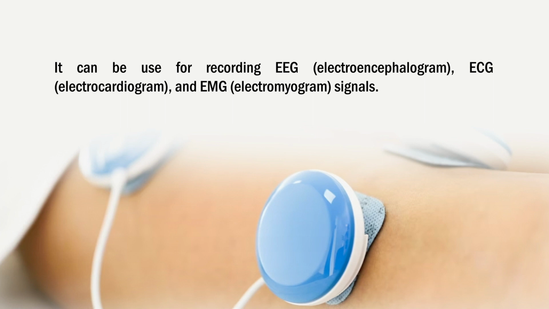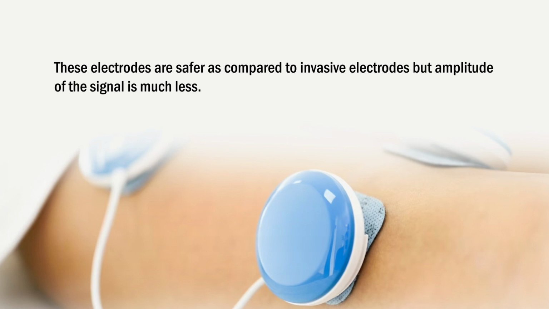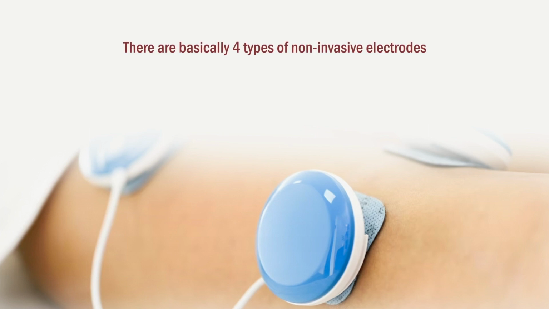The signals recorded are EEG signal, ECG signal, that is electrocardiogram signal, and EMG signals. These electrodes are safer, but suffer the disadvantage of lower amplitude as compared to invasive electrodes.